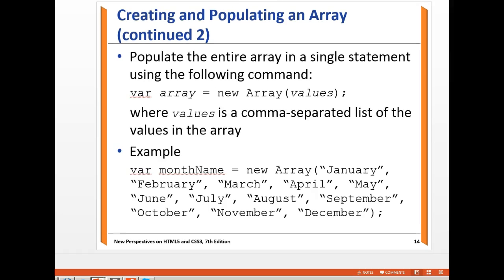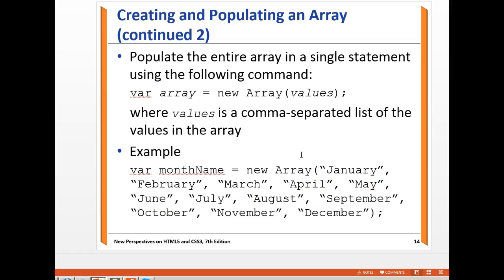So we can populate the entire array in a single statement using this command: var array = new Array(values). The values are a comma separated list of the values in the array. So the array name, we said, is going to be monthName = new Array, and then the values will be January, comma, February, and so on.